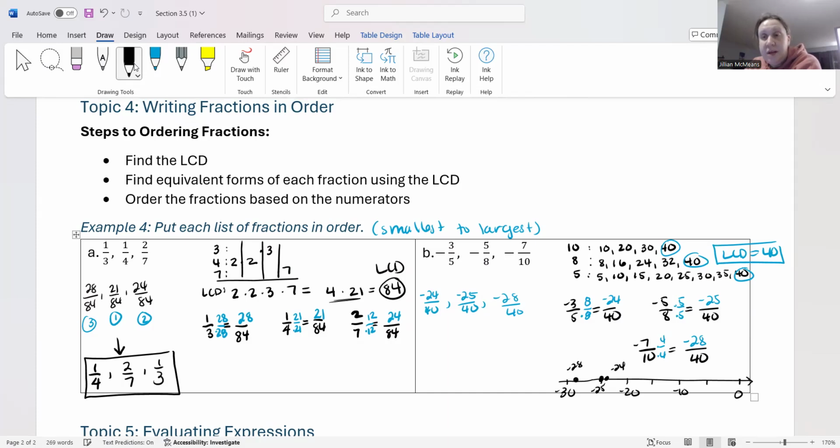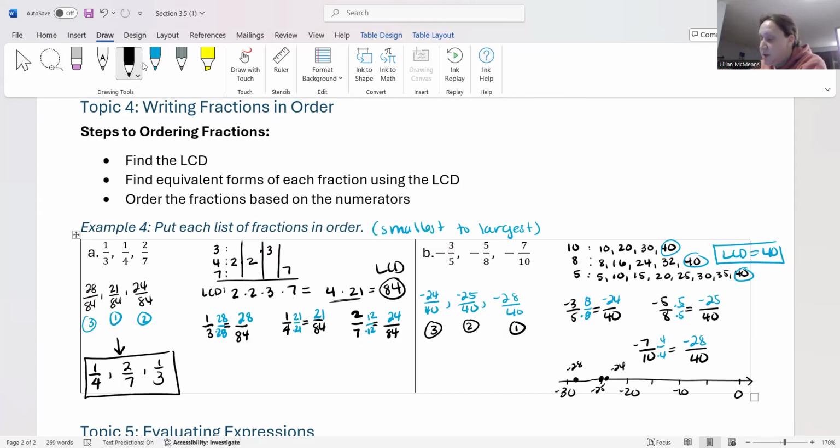And remember, the rule is if you're on the left-hand side of 0, the closer you are to 0, the bigger the number is. The further away from 0, the smaller the number is. So in this case, -28 is the smallest. So I'm going to write that with a 1. Negative 25 is next smallest, and negative 24 happens to be the biggest. So if we were going to put these fractions in order, they're actually in the reverse order that they should be.